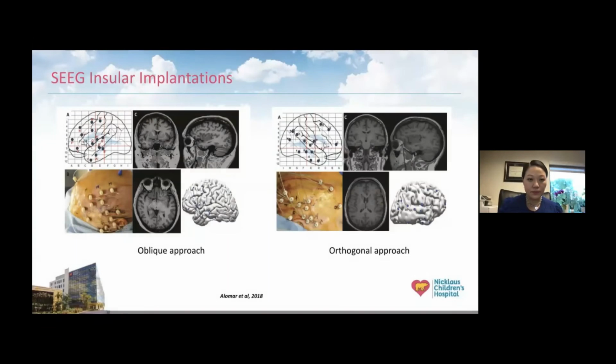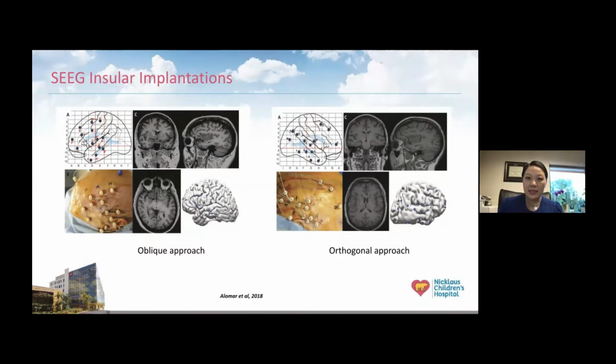When it comes to SEEG insular implantations, there are multiple different ways and approaches that have been described in literature and that we use at Nicklaus Children's Hospital for investigating insular epilepsy. And this is some of the work from the Cleveland Clinic experience, which has one of the largest cohorts of SEEG data in adults.